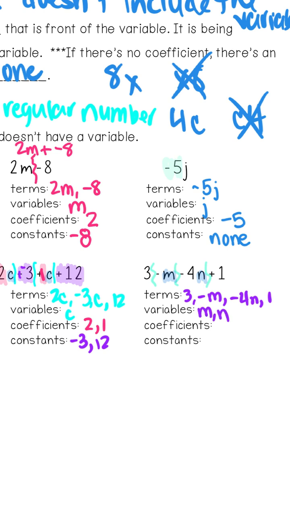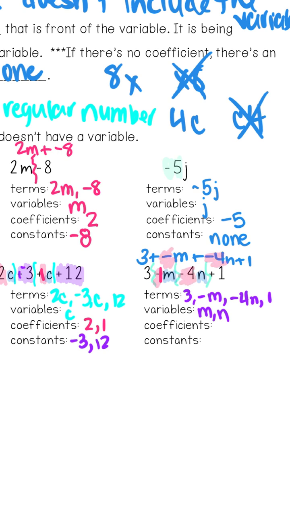Coefficients, this is the tricky one because there's some invisible things happening here. There's that invisible 1, but remember, I could rewrite this with plus and negative. So I could rewrite this as 3 plus a -m plus a -4n plus 1. So when I'm talking about my coefficients, I have this -1 and also a -4.